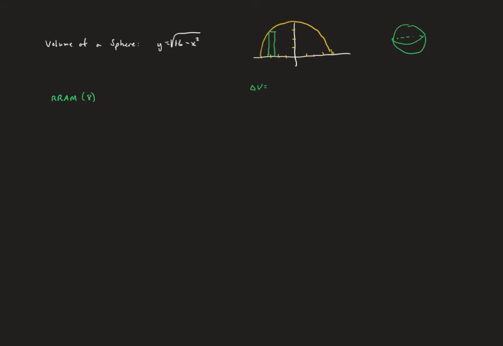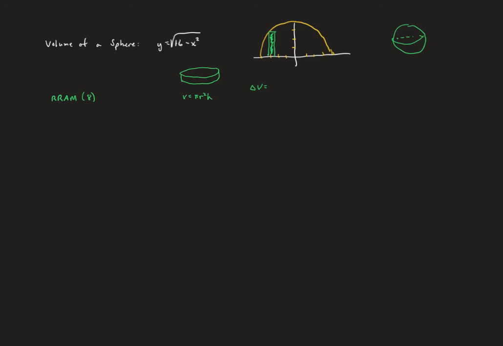If you remember, we try to get this delta volume. We're talking about taking this rectangle, and as we spin it around the x-axis, it's going to create what we have referred to in the past as a disk. It's a little mini cylinder, and we know that the volume of a cylinder is pi r squared h.